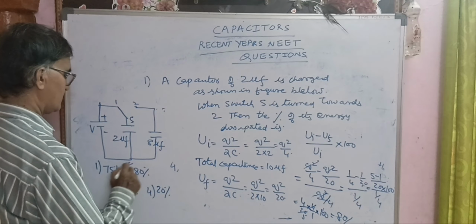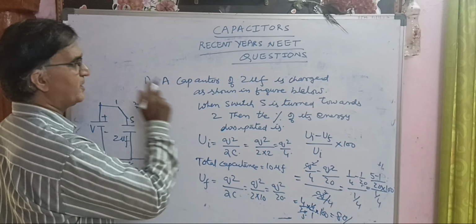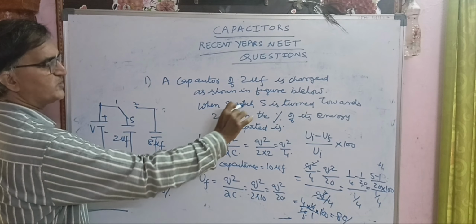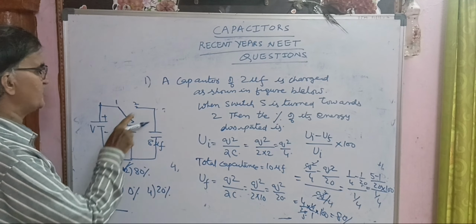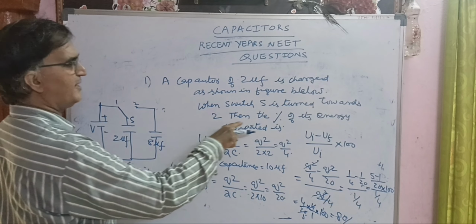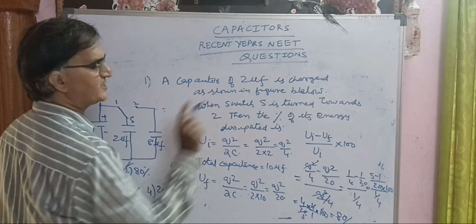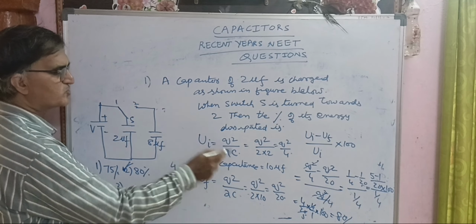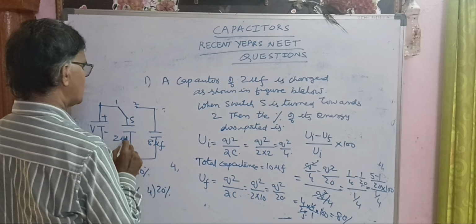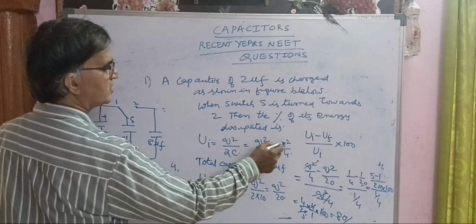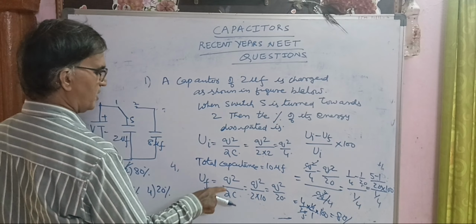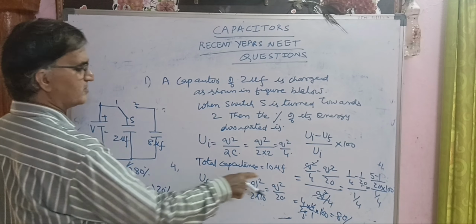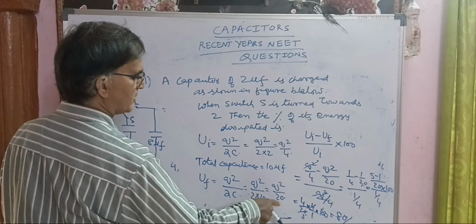That is the second option. Once again, see this problem. A capacitor of 2 microfarads is charged as shown in the figure below. When switch S is turned towards position 2, the percentage of its energy dissipated is. In that case we have used the formula Q square by 2C with capacitance 2 microfarads, so Q square by 4. Again Q square by 2C, in the second case 2 plus 8, 10 microfarads, Q square by 20.